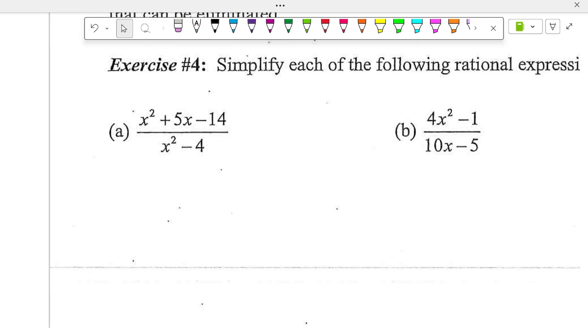So which one would you like to simplify first, numerator or denominator? Denominator. I would simplify denominator first because that one looks like it's going to be quick. So how would I factor the denominator? It'll be x plus 2, x minus 2. Why? It's a difference of squares.